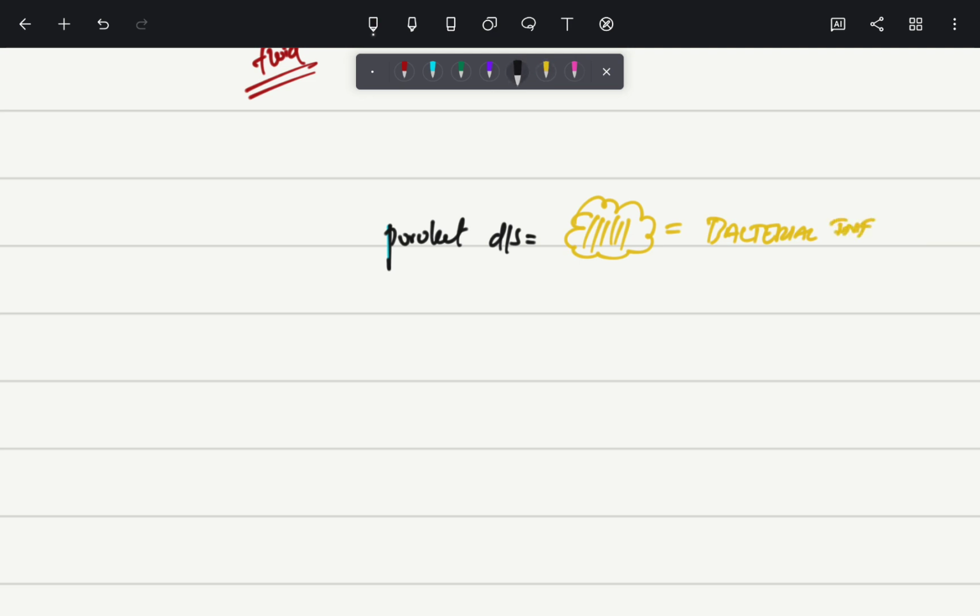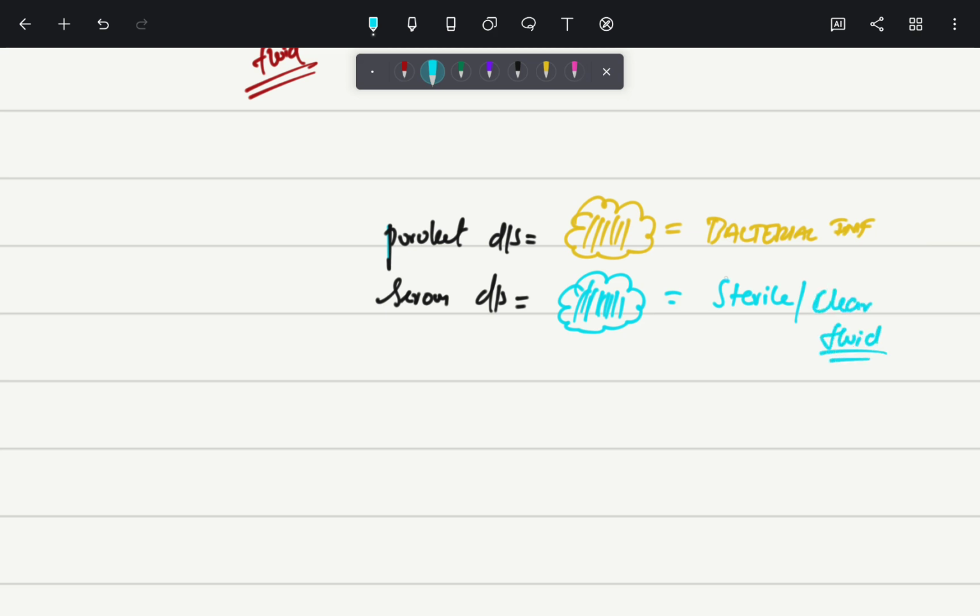On the other hand, we have the serous discharge. Now what is this serous discharge? Serous discharge is nothing but pure fluid. It has clear, sterile fluid inside of it. This type of discharge is called serous discharge, which is sterile or clear fluid. I hope you are comfortable with the terms here.